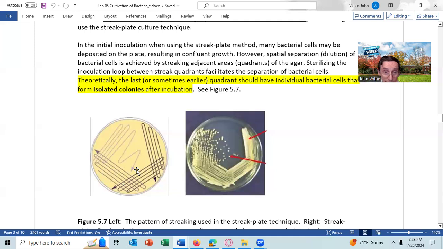And in this case, the isolated cells were put down in sector 4, so we got isolated colonies coming in sector 4. Now to get your pure culture, you take one of the isolated colonies and streak out another plate to get isolated colonies. All right, any question about that?